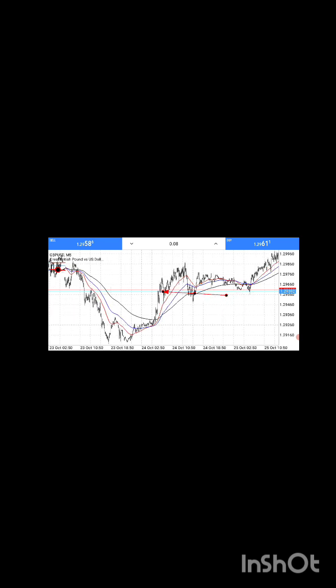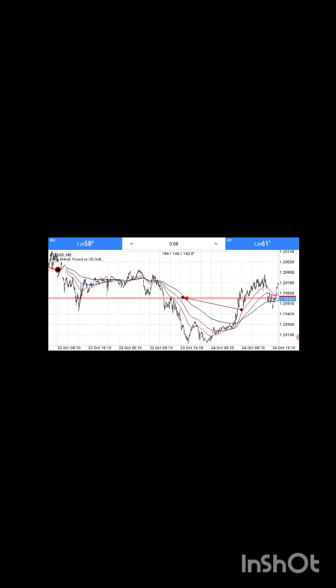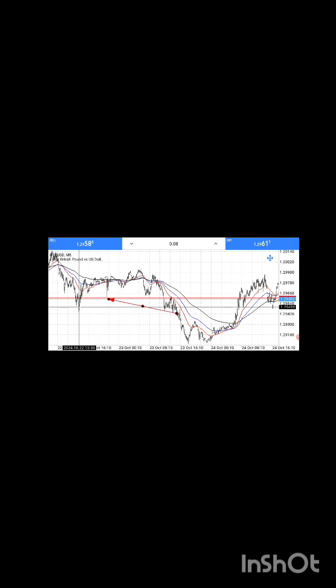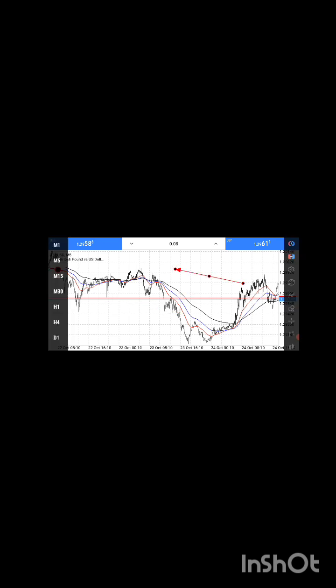The only place you should have sold as a smart trader is within this period of time, between 22 October and the sale ended on 24 October. So these are the characteristics. You need to understand the characteristics.